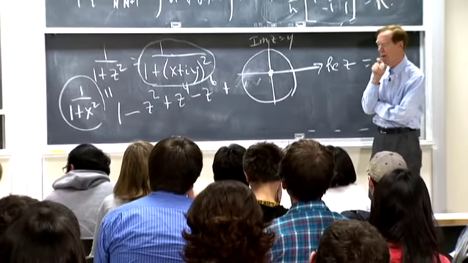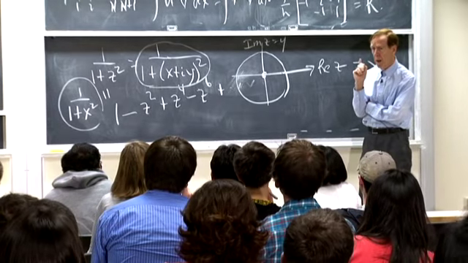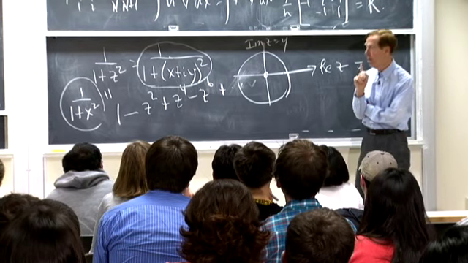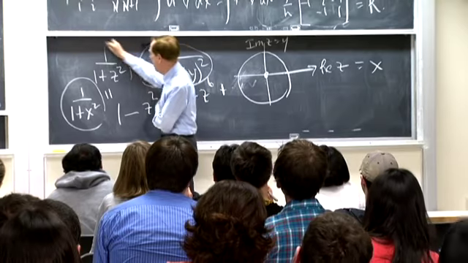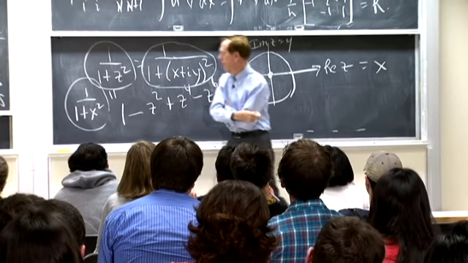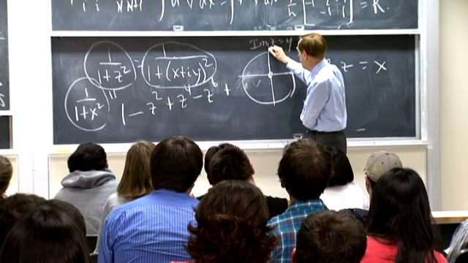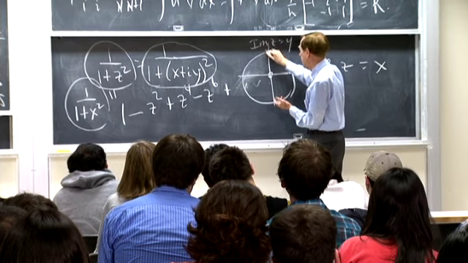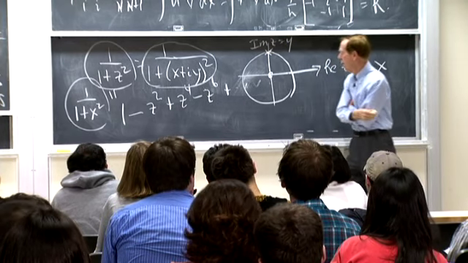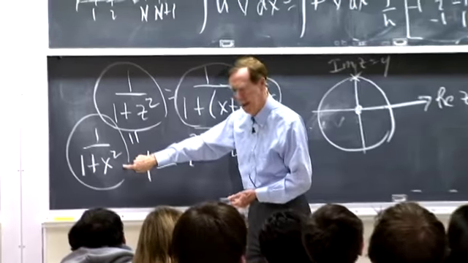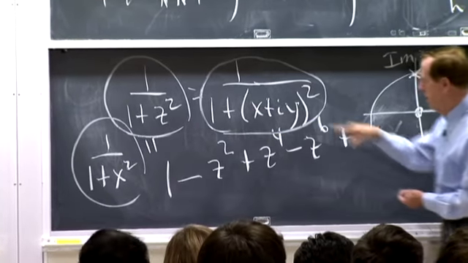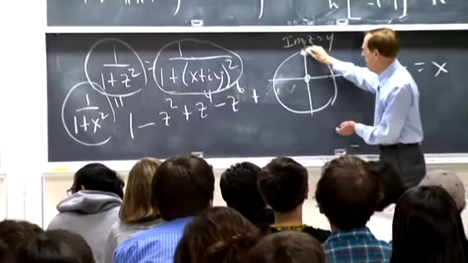And where is the problem with this function? At z equal i. It happens to be, not an accident, right there on the circle. It's hiding in the complex plane, not on the real axis. So the real person didn't notice it. But the complex person said, that's the problem.